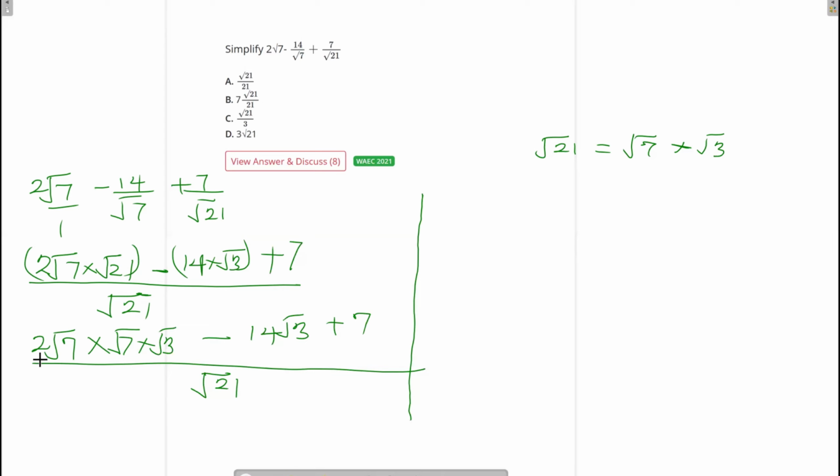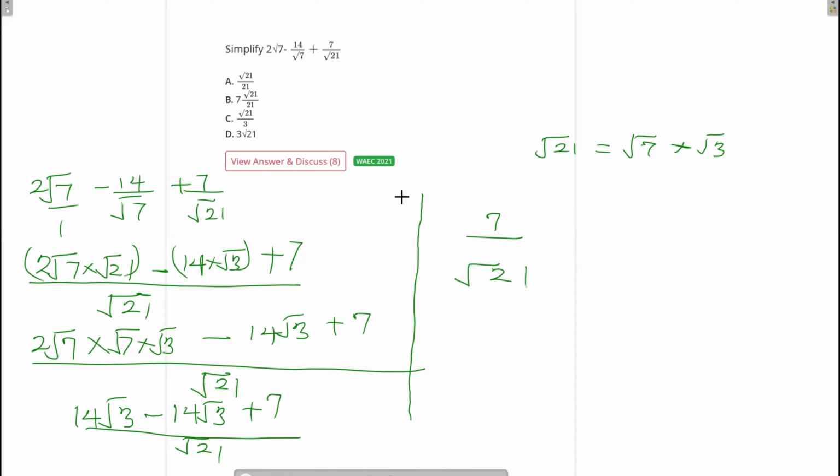Root 49 is 7, and 7 times 2 is 14. So we have 14 root 3 minus 14 root 3 plus 7 over root 21. 14 root 3 minus 14 root 3 is 0. So we have 7 over root 21.